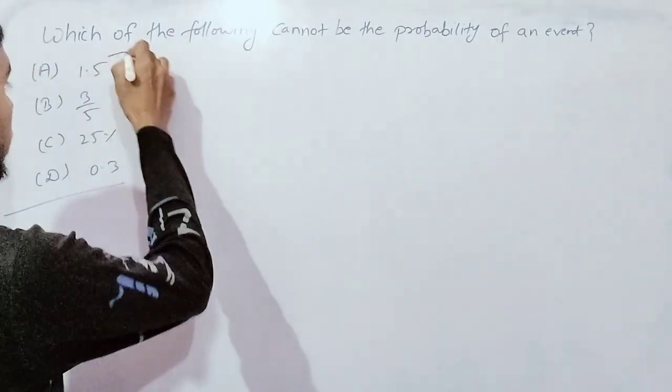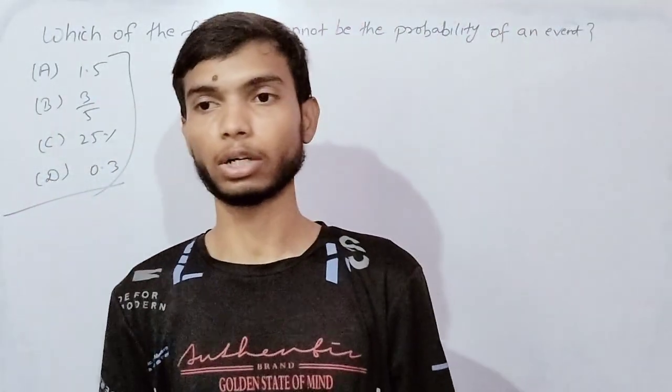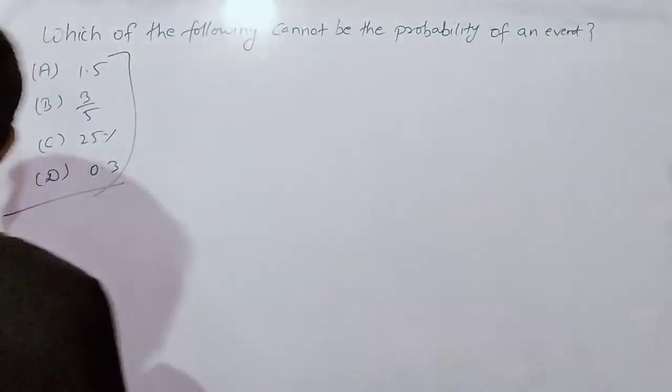A number should not be greater than 1 and should not be less than 0 to be the probability of an event. 1.5 is greater than 1. 3 upon 5, in which the denominator is greater than the numerator, will be less than 1. 25% is a probability, yes. 2.3 is greater than 1.